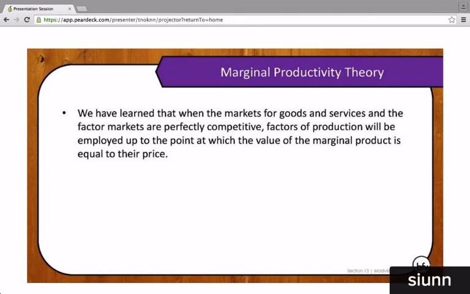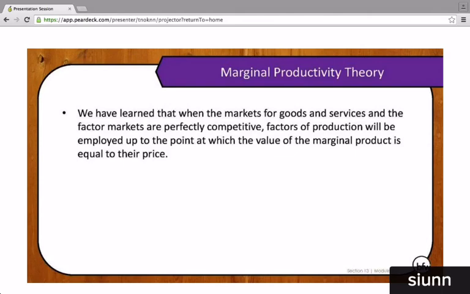It's what we call the equilibrium wage or the equilibrium rental rate. And so that helps to determine rental rates and wages paid for land and how much of total income is received by land, labor, capital, and entrepreneurs. So this theory, marginal productivity theory, is an important theory that helps to explain this distribution of income and how it's divided up amongst the different factors of production.